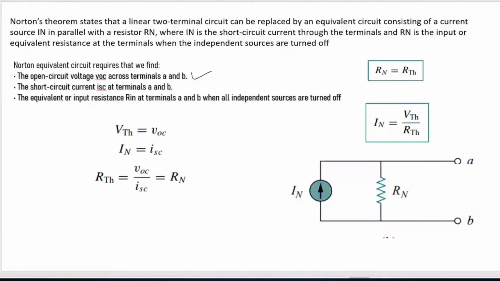So what this theorem is stating, as in Thevenin's theorem, is that any two-terminal network can be replaced with a current source in parallel with Rn.